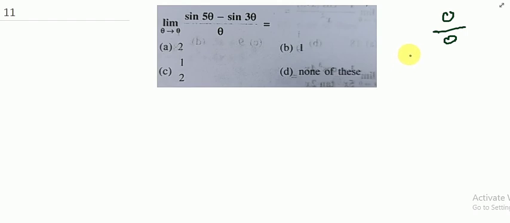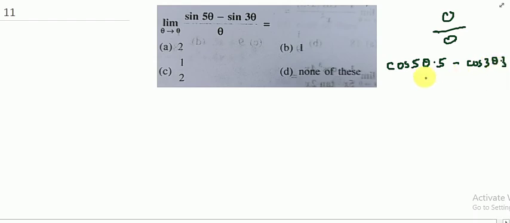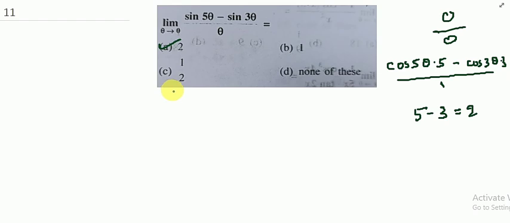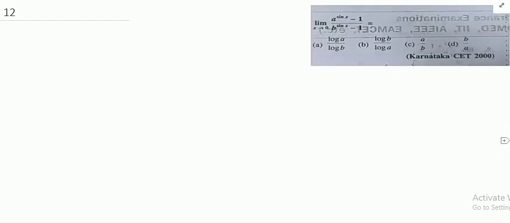The derivative of sin 5 theta will be cos 5 theta into 5, minus cos 3 theta into 3, divided by the derivative of theta, which is 1. Now if you apply theta tends to 0, cos 0 will be 1. Therefore the answer will be 5 minus 3 divided by 1, which equals 2. Hence option A. So all these problems are of the same kind. What you need to do: differentiate the numerator, differentiate the denominator, then apply the limits.